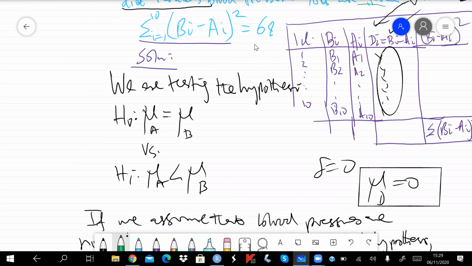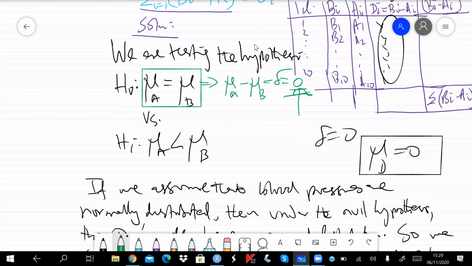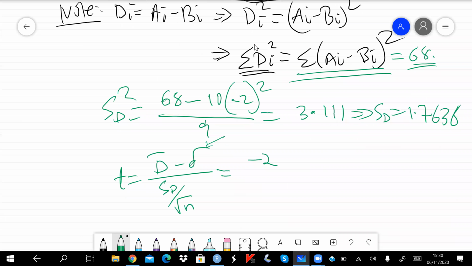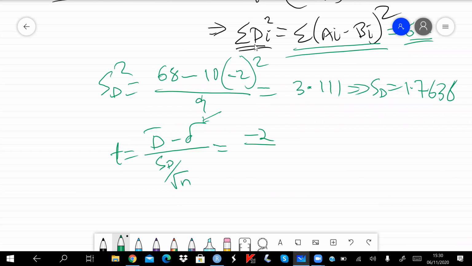So in our case, if you take mu A minus mu B, this is our delta, and we are saying it is equal to 0. If you are testing whether they are equal, it means that you are testing whether the difference between the two is equal to 0. So please note that. Coming to our statistic, we have minus 2 minus 0 divided by 1.764 divided by square root of 10.